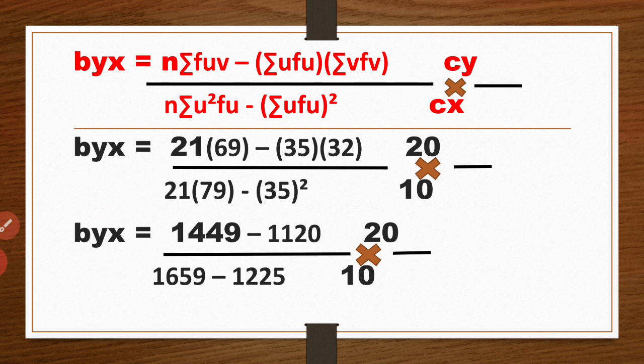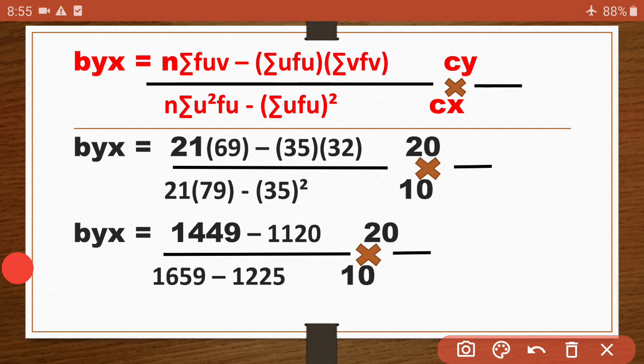First n is equal to 21, sigma fuv is 69 from the last calculation in the bivariate table, minus sigma ufu is 35, sigma vfv is 32, upon n is equal to 21, sigma u square fu is 79 minus sigma ufu 35 whole square, into cy upon cx, which is 20 upon 10. Then 21 into 69 is 1449 minus 35 into 32, you get the answer 1120.